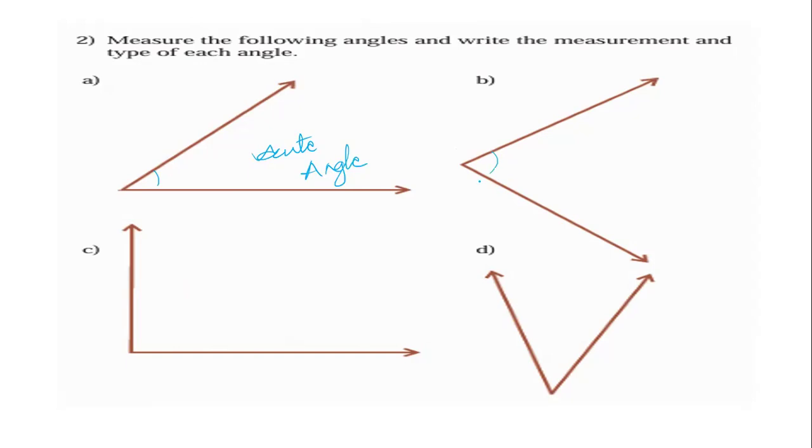This is a right angle. This measures 90 degrees. Right angle. This is an acute angle.